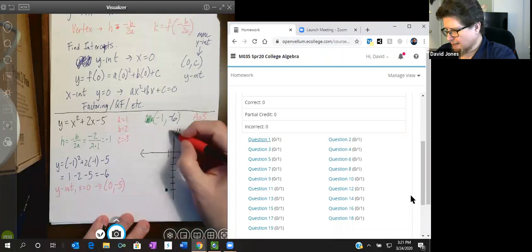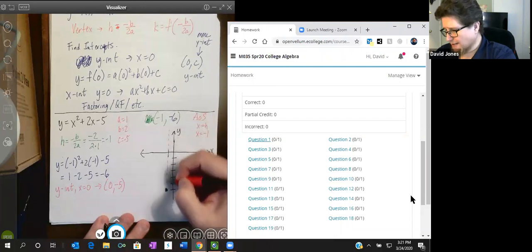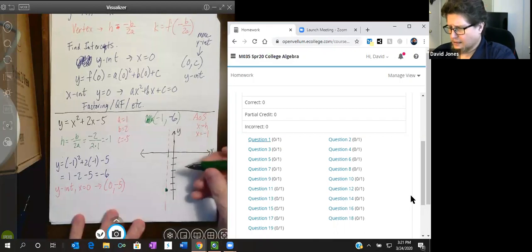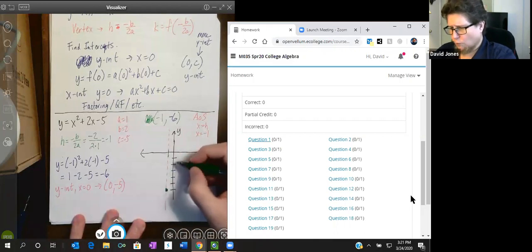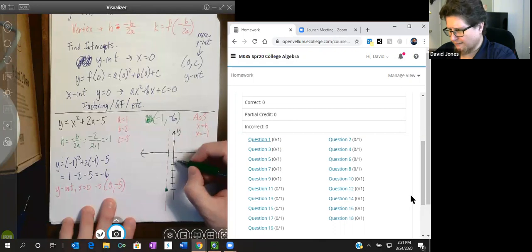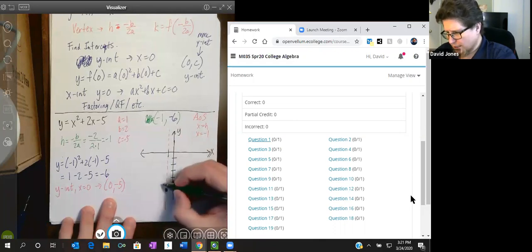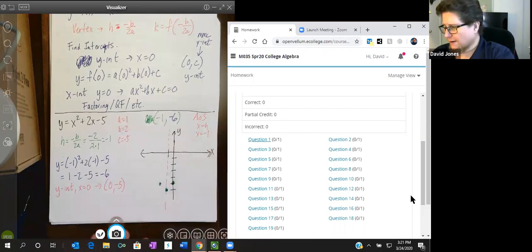My axis of symmetry is right there. I have the y-intercept at 0, negative 5, which is right there, which means I'm going to have a mirrored point over here. Now, I'm so far away from the x-axis that I really do want to find the x-intercepts.